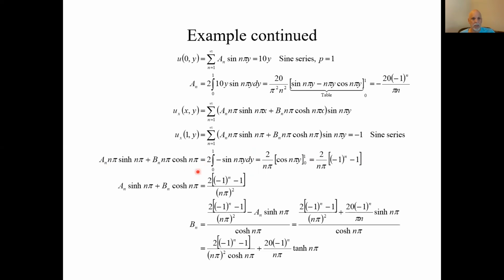So we get this mess equals that. We're dividing by n pi, and there was already an n pi squared. And we already knew what the A sub n's are. They're these things. Anyway, when you put it all together, you get a fairly big mess. And I'm not going to go through that simplification. Here's what the B's are, and here's what the A's are.